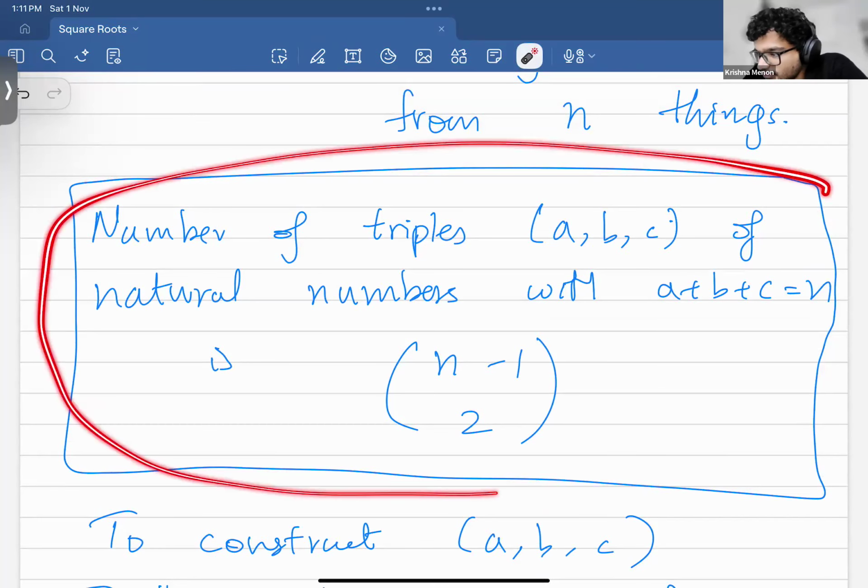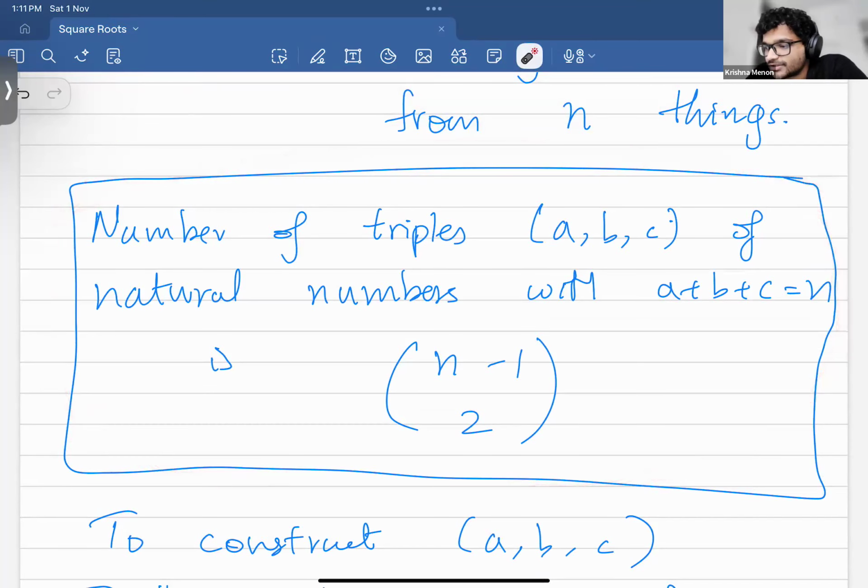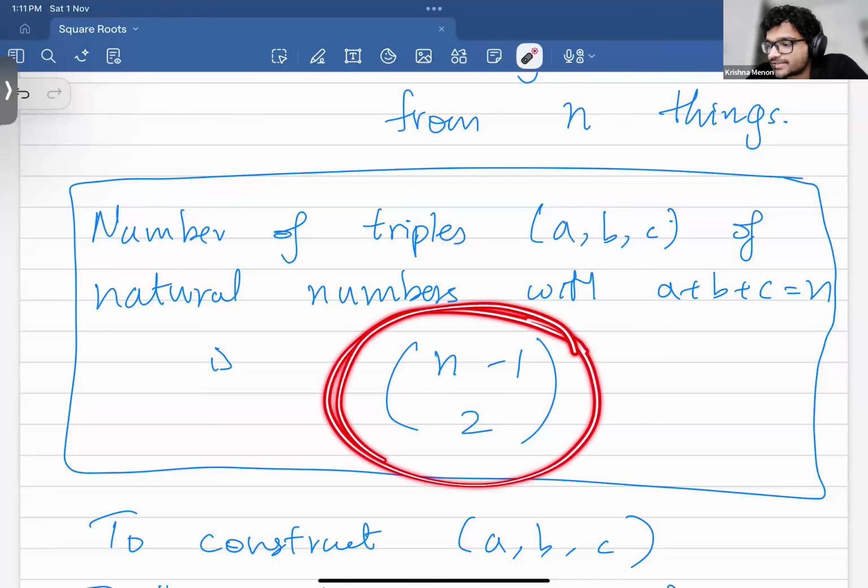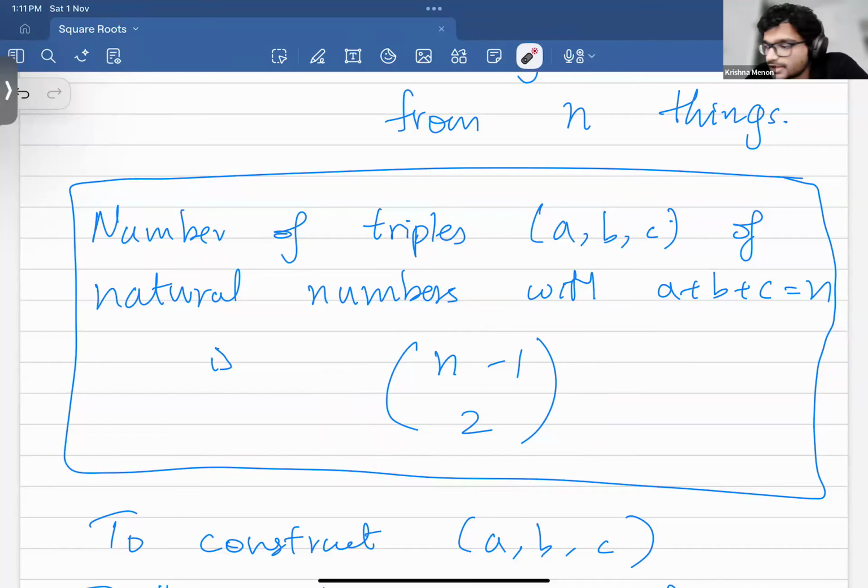One of the very useful tools when trying to do any counting problem is to change the problem to a form that is easier to work with. In this case, especially when we know or guessed that the answer would be something like this, it would be nice if we can write down these triples where there are n minus 1 objects and we have to choose something.